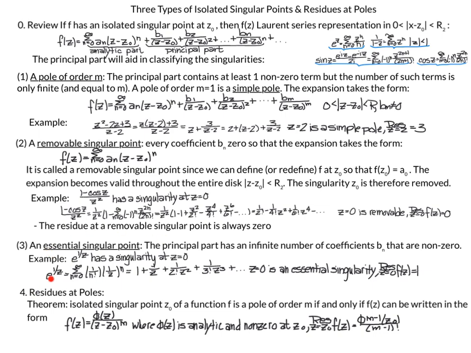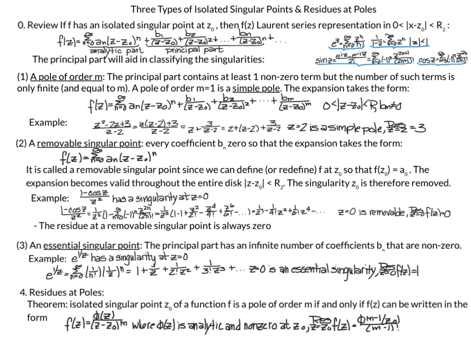We have this one other topic, which is residues at poles. So rather than calculate the entire Laurent series for some functions, if we have a pole, then we can use this theorem to get the residue in a simpler way.